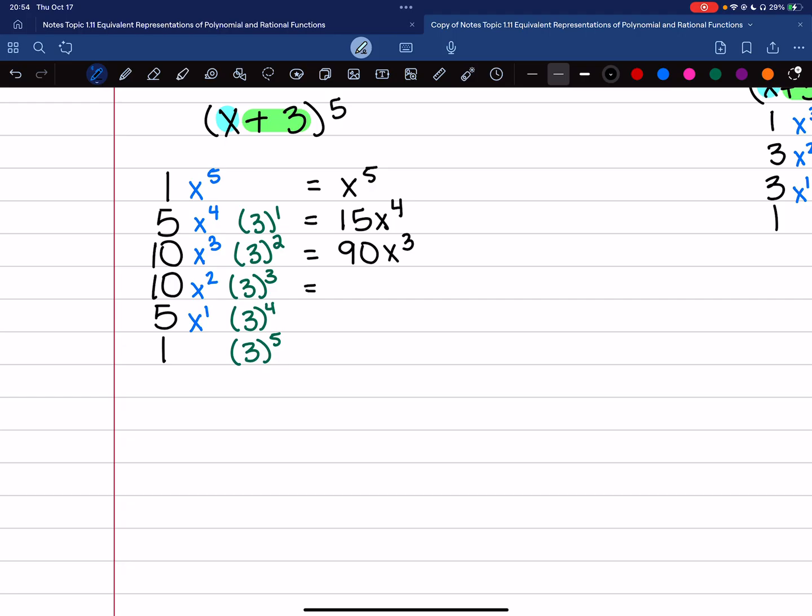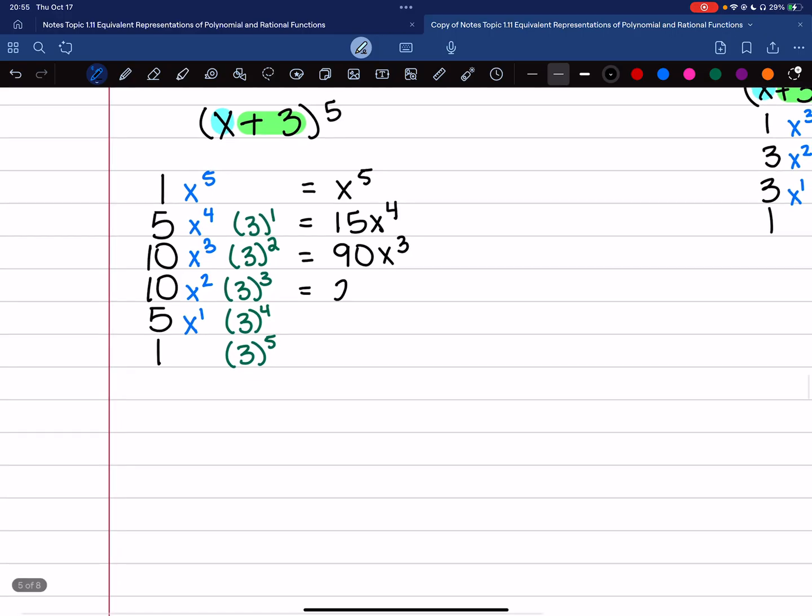Then we have 10 times x squared times 3 to the 3rd. 3 to the 3rd is 3 times 3, which is 9, times 3, which is 27. 27 times 10 is 270. Then you have x to the 2nd power.